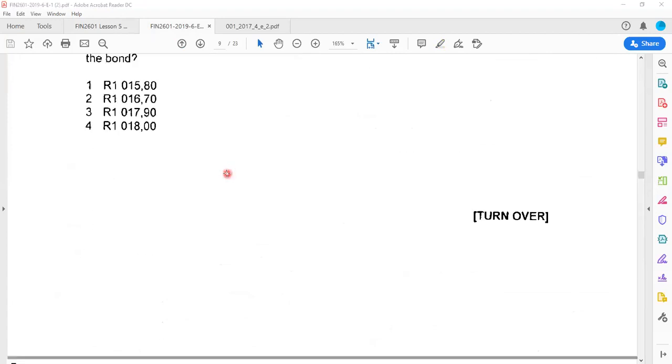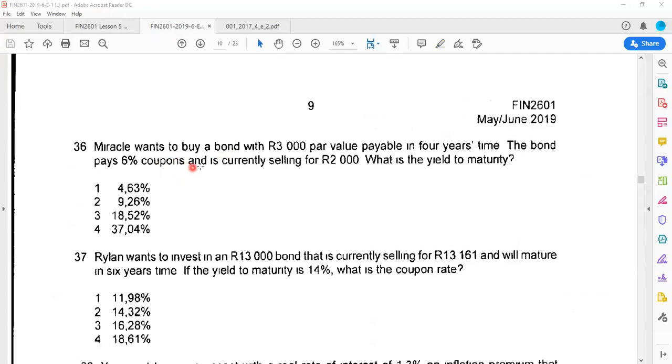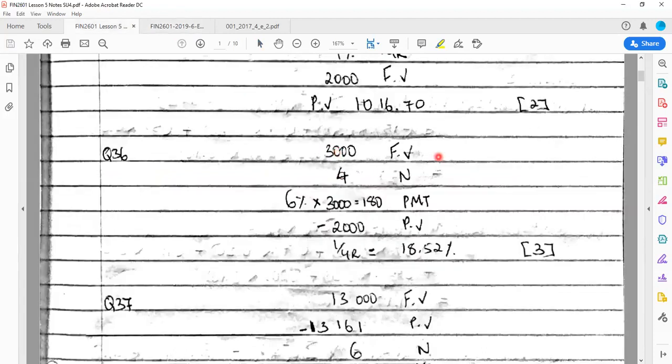There was also question 36, a very simple one, straightforward. Miracle wants to buy a bond with a 3,000 Rand par value payable in 4 years' time. The bond pays 6% coupon and is currently selling for 2,000. Yet again, 3,000 FV, 4 years in. Remember when you're calculating a PMT, you put the percent as a decimal, 0.06 times 3,000.